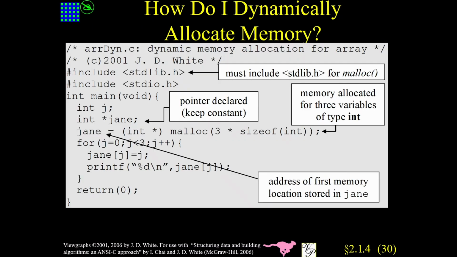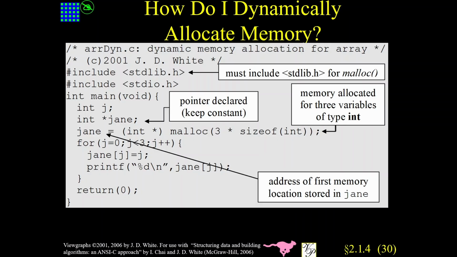How do I dynamically allocate memory? This is the last point I want to make. You can see here an example of the code. Take a quick look at it, you'll see it's slightly different. First of all, I've declared a pointer, and then I call malloc, which is a library function that goes directly to Windows and says, Windows, I want you to give me 3 pieces of memory the size of an integer, and return a pointer to the first piece of memory you gave me.